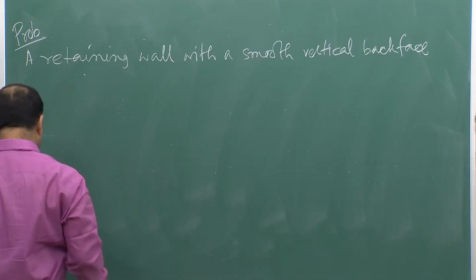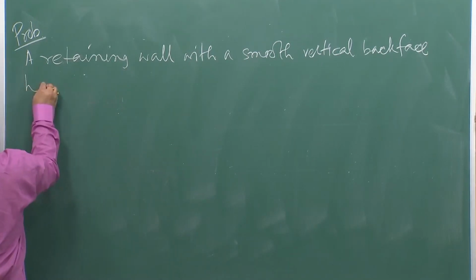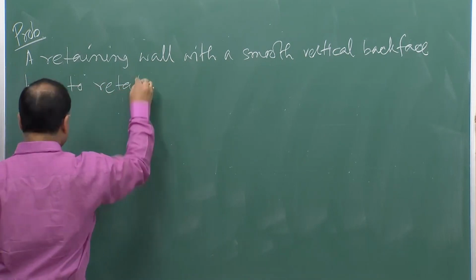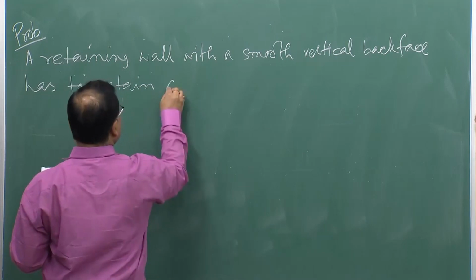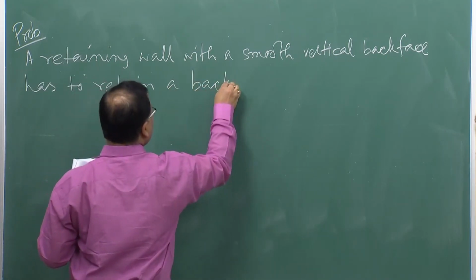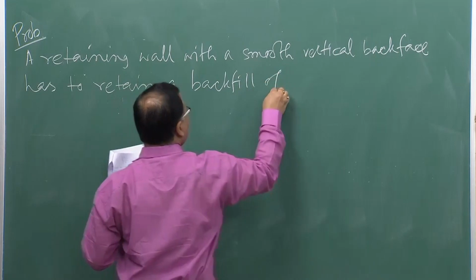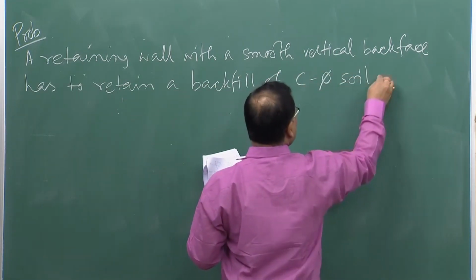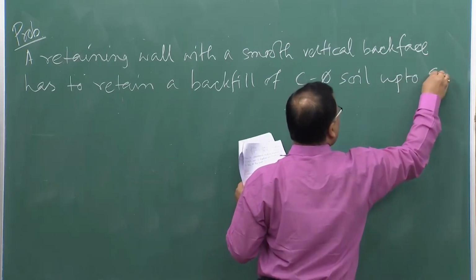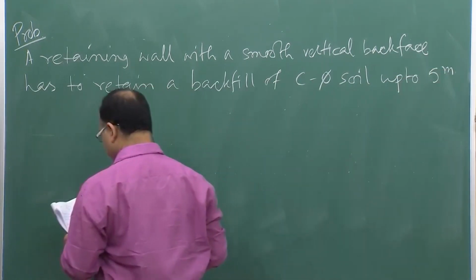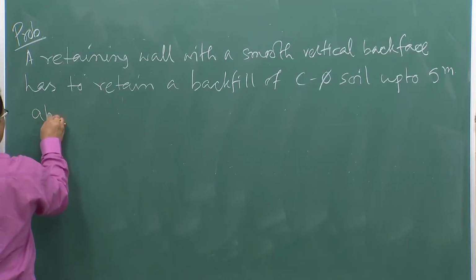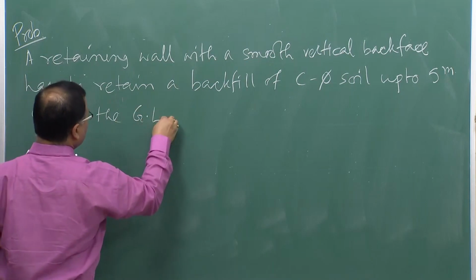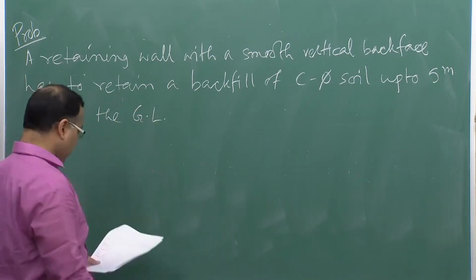So, the smooth vertical back face has to retain a backfill of C-phi soil up to 5 meter above the ground level, above GL.